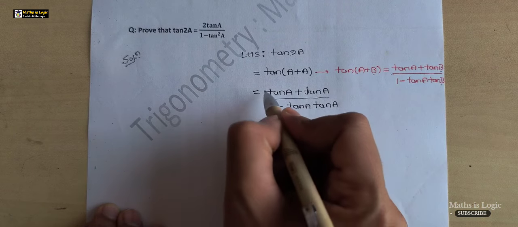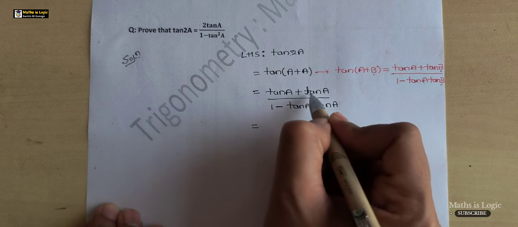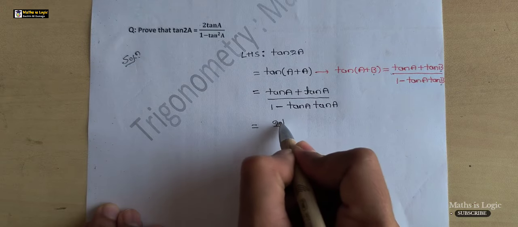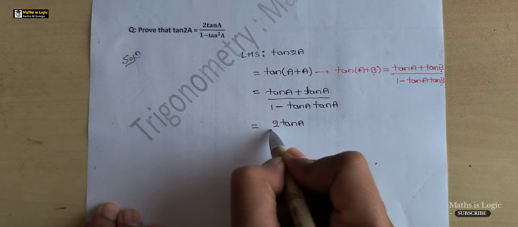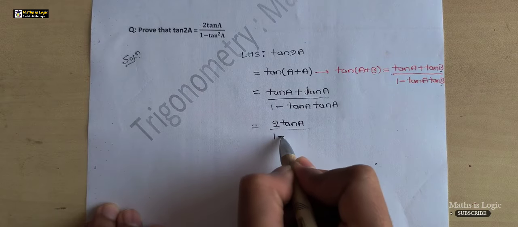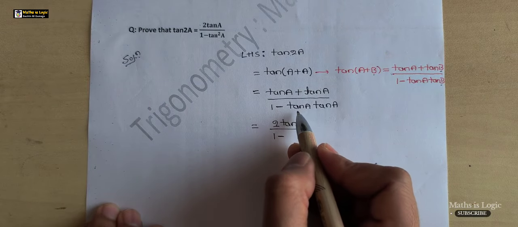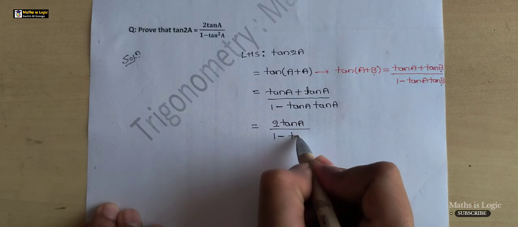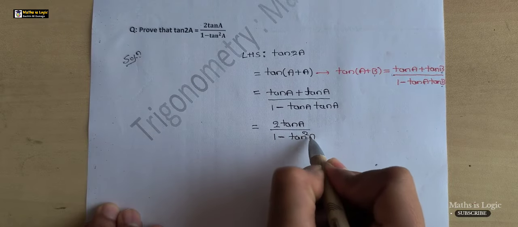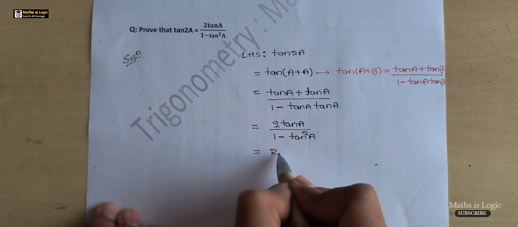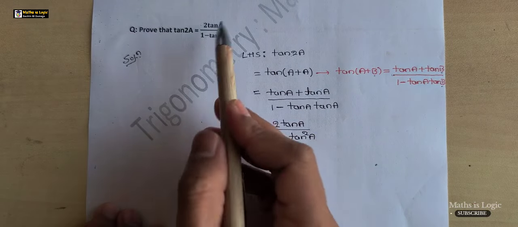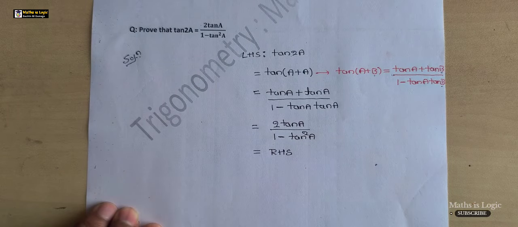So next, which is equals to 1 times tan a plus 1 times tan a is 2 times tan a divided by 1 minus, keep it as it is. Next, tan into tan becomes tan square a. So which is equals to which part? RHS. So LHS is equals to RHS.